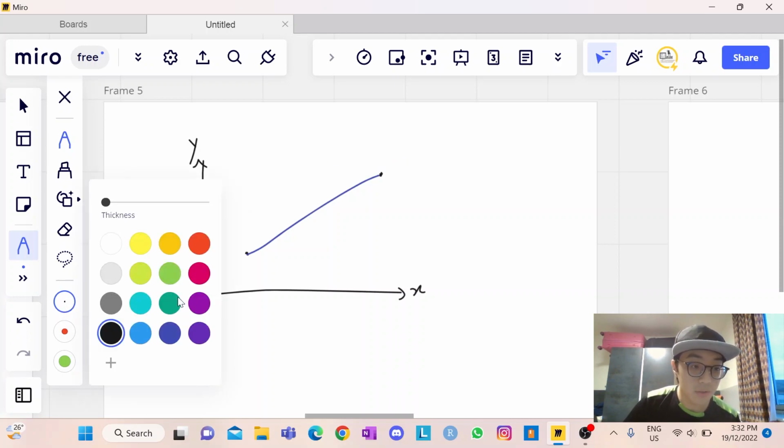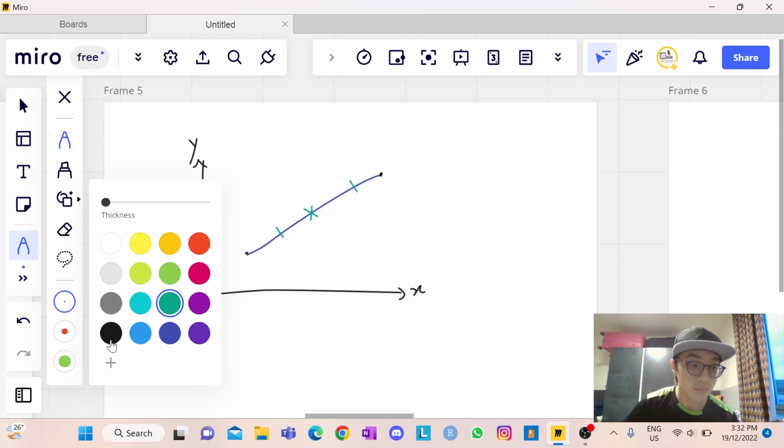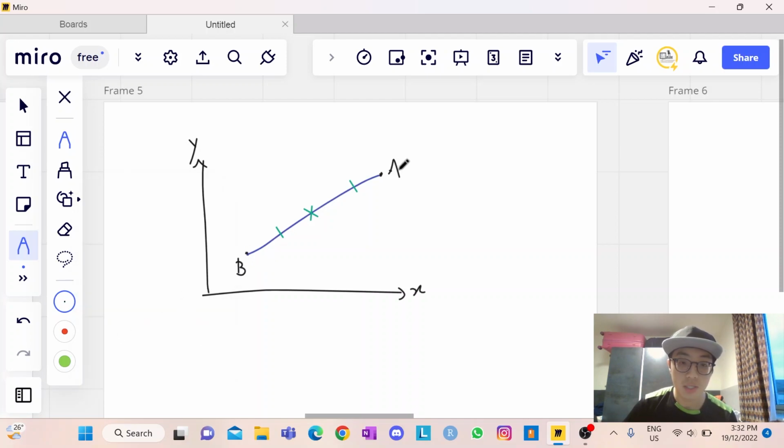So this point in the middle here, this is the midpoint such that these two have equal length. All right, so this point right here, we call it M. This is B, this is A, and the midpoint M is the point in the middle between the two coordinates such that they have equal length.